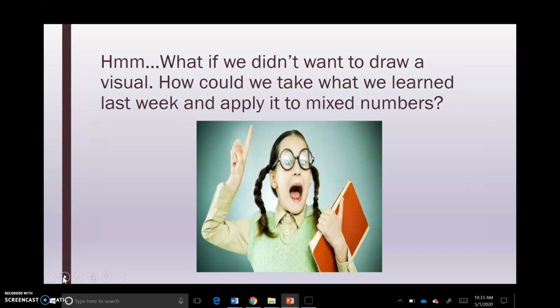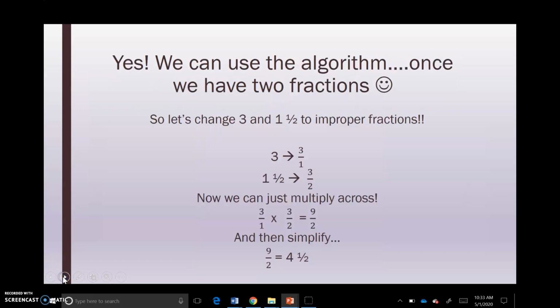So we know a mixed number is really just a fraction, right? So we know that we can take our algorithm and use it as long as we have 2 fractions. So we can change our 2 fractions, our 2 numbers, I should say, into improper fractions.